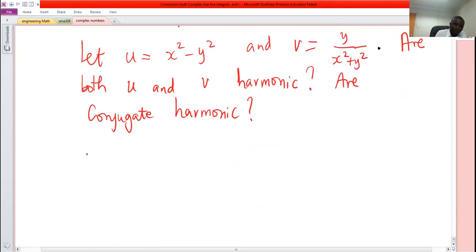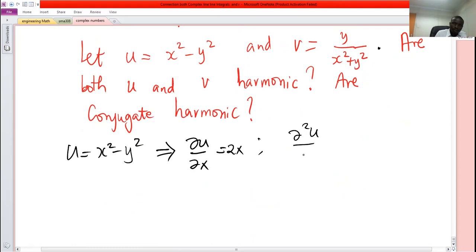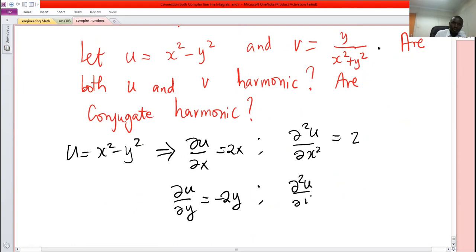So u is x squared minus y squared. Which means partial u partial x is 2x. Partial squared u partial x squared is 2. Partial u partial y is minus 2y. And partial squared u partial y squared is minus 2.